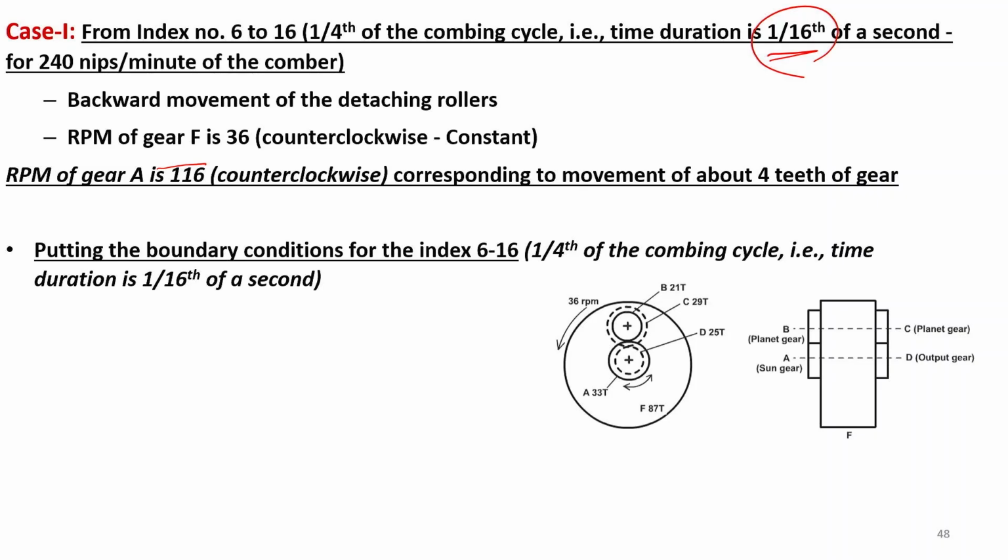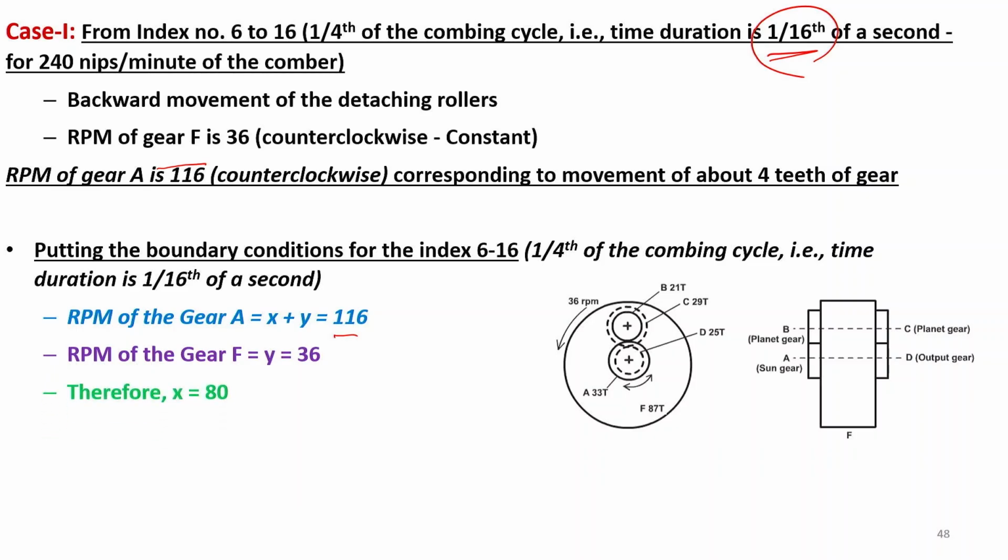So, putting the boundary condition 1/4 of the cycle, 1/16th of a second it will go. So, RPM of gear A is 116, x plus y, gear F is y, equal to 36.